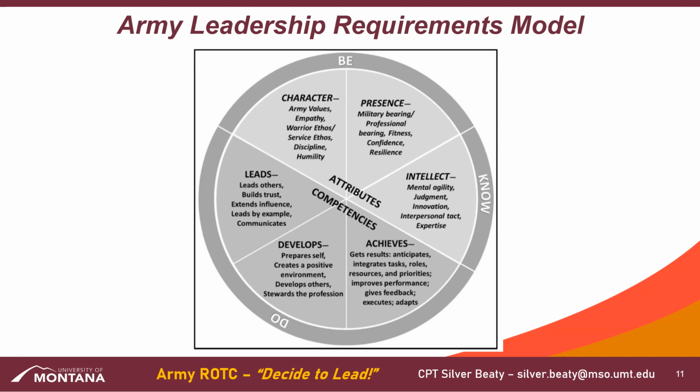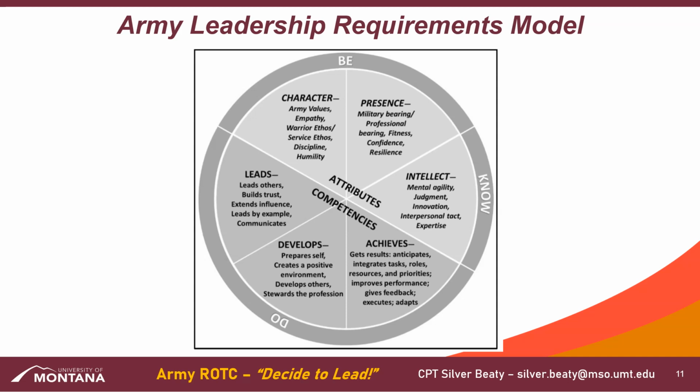I want you to look at all these and find subcategories. If you look at character, a subcategory or sub-attribute might be discipline. Or if you're looking at achieves, it might be gives feedback. So when you pause this, take a moment, write it down, and be honest with yourself.